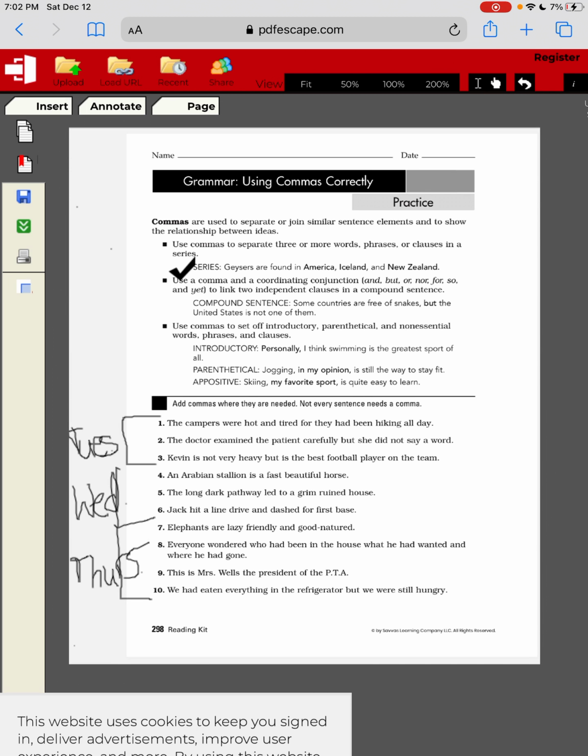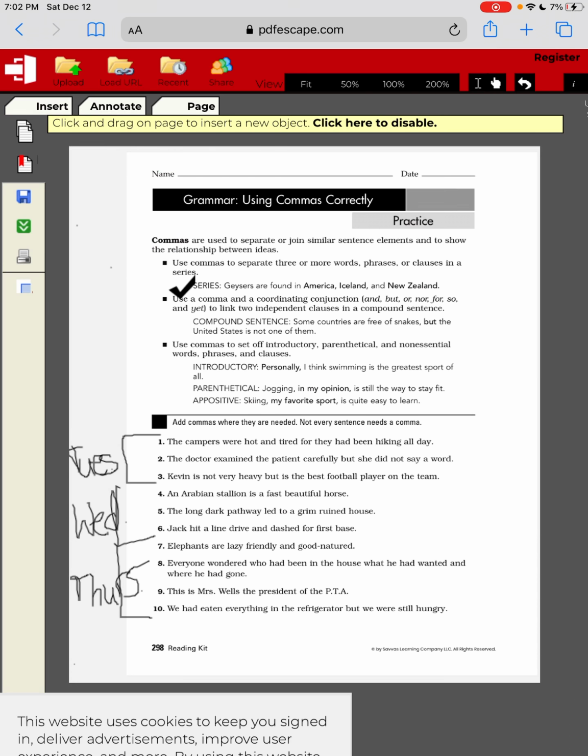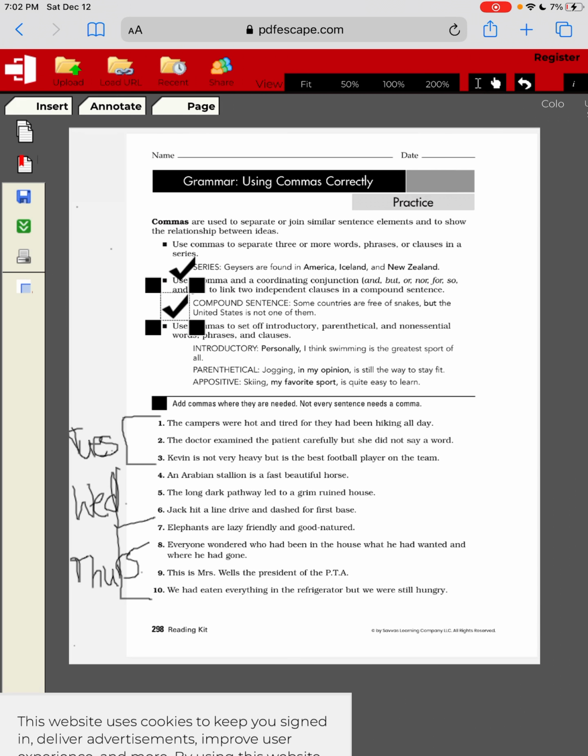Use a comma and a coordinating conjunction, and, but, or, nor, for, so, and yet, to link 2 independent clauses in a compound sentence. So a compound sentence example is: some countries are free of snakes, but the United States is not one of them.